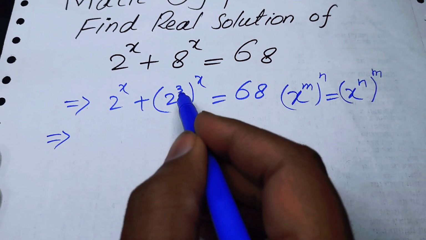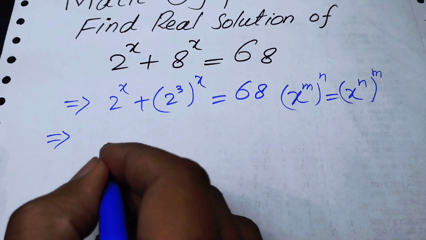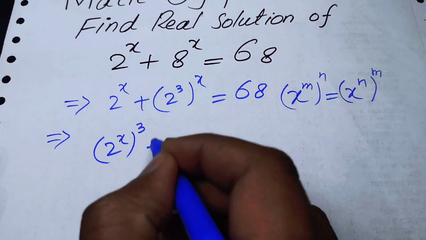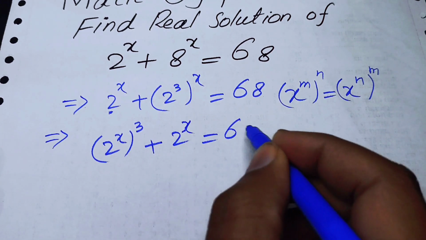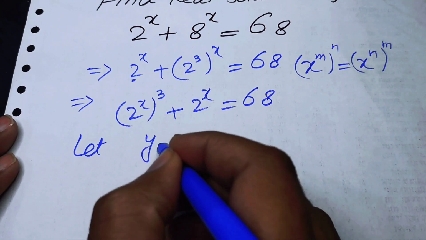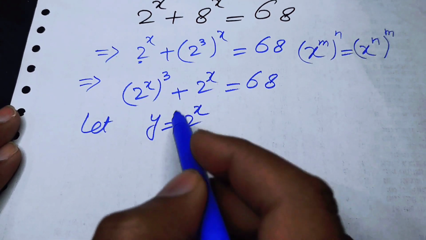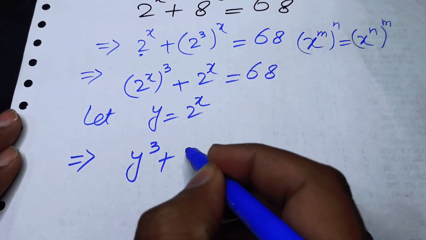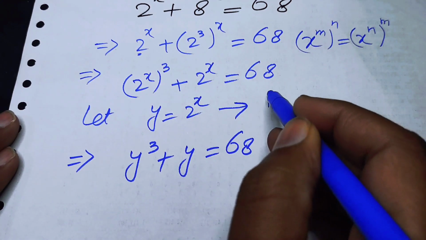So I will interchange its exponents and write this term first. It becomes 2 to the power of x, cubed, plus 2 to the power of x, is equal to 68. Now I take y is equal to 2 to the power of x, and this expression becomes y cubed plus y is equal to 68. I will name this as 1.